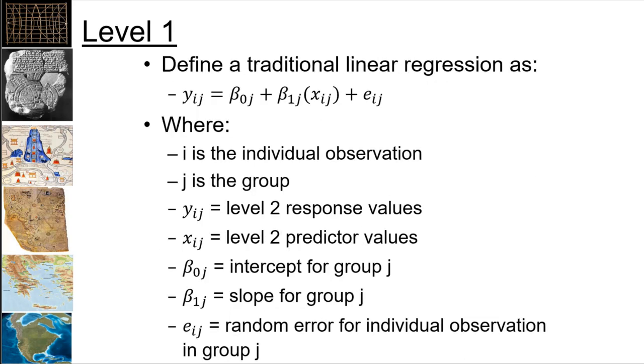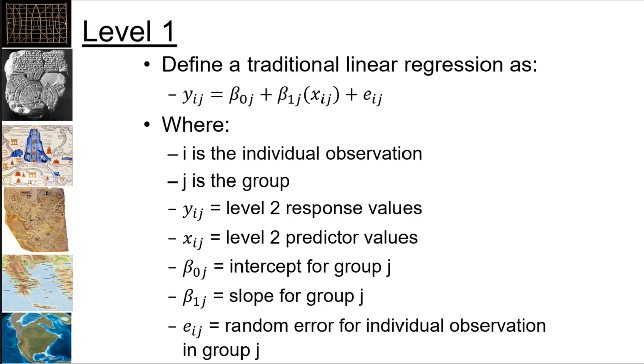So the idea being that if we have a traditional linear regression, like this one, y equals beta 0 being our intercept, beta 1 being our slope, times a covariate, and then some error factor. That's all hopefully real familiar.